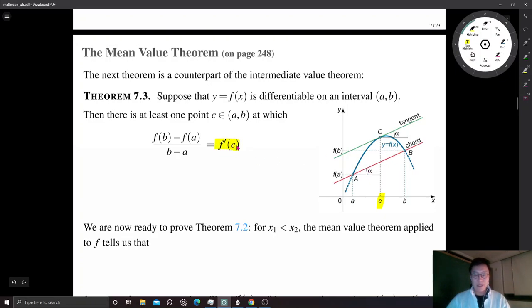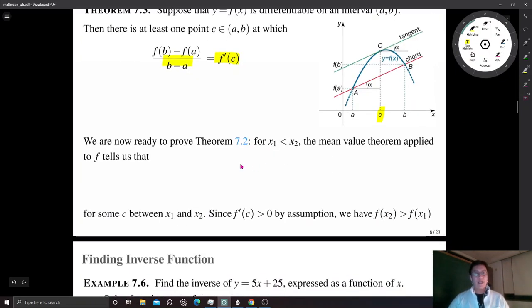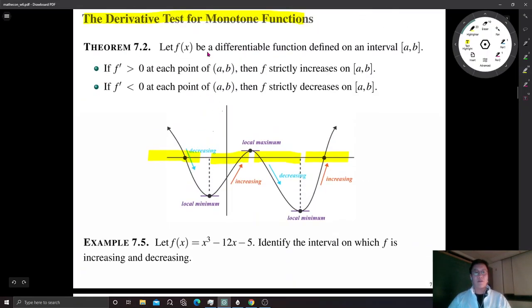In terms of the derivative, f prime of c equals the rate of change, meaning that this tangent and the secant connecting the left-hand point and the right-hand point are parallel to each other. So using this mean value theorem, we can easily prove the derivative test for monotone functions.